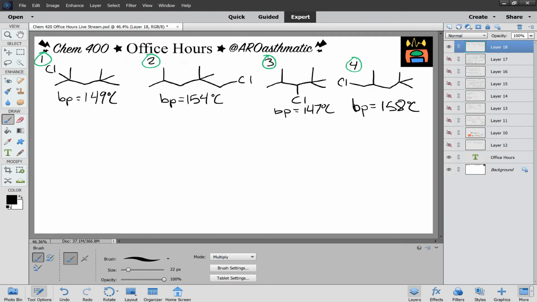And we're given a little chart that I'm going to recreate with peak, retention time in minutes, and then relative peak area.